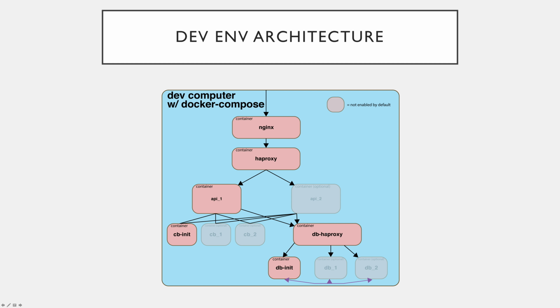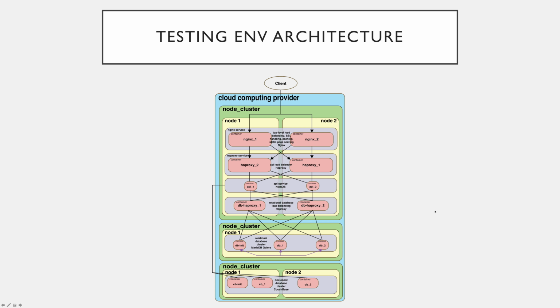So db-ha proxy is the container that's responsible for load balancing and failing over all of the MariaDB database containers, which there's only one to start with, but you can certainly scale it up to 3 or more. Just make sure that it's an odd number, otherwise you will run into issues with the split brain problem on databases. Same with Couchbase. That should always be an odd number of instances.